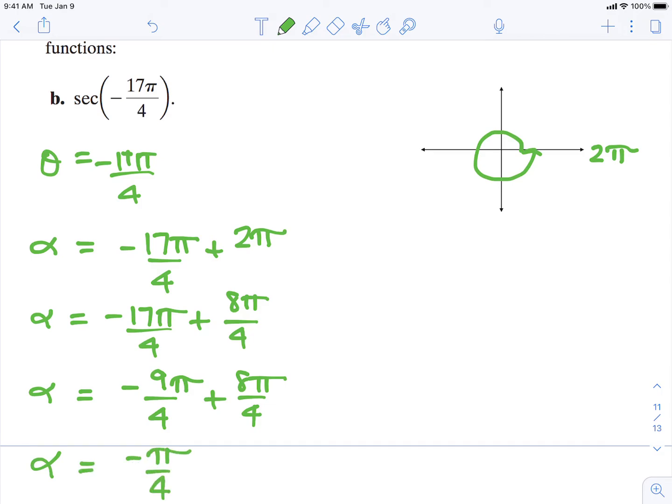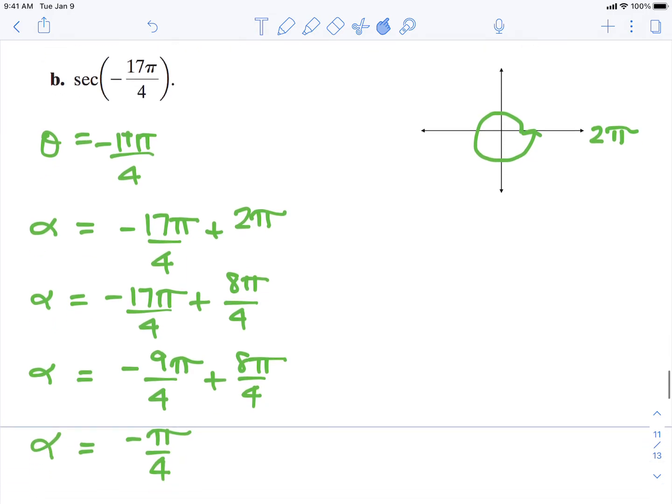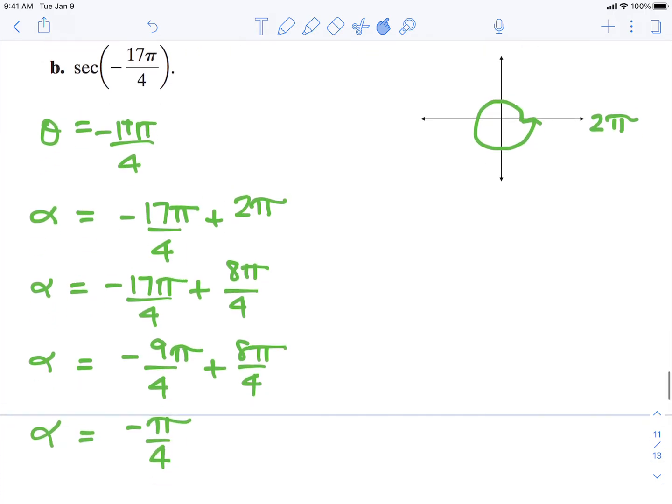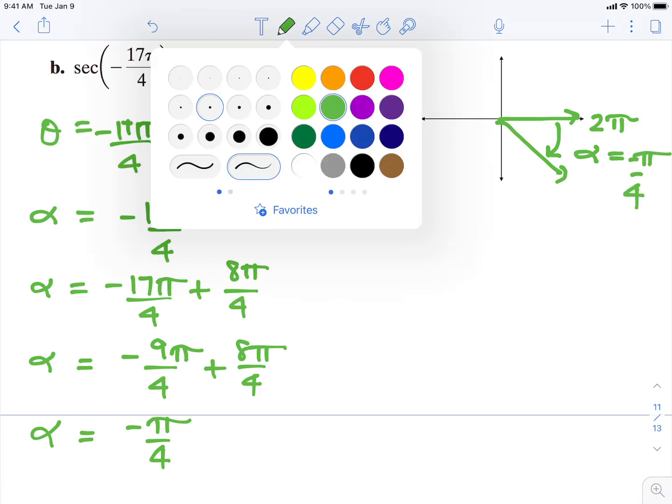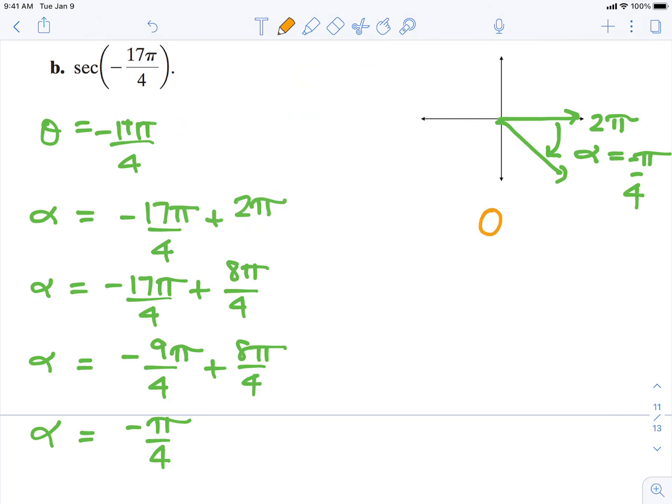All right, so where does this fall? So we're going to graph that alpha. So negative pi over 4 is right there. Well, its reference angle would be pi over 4.